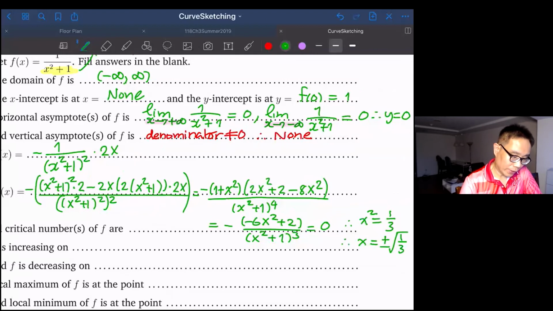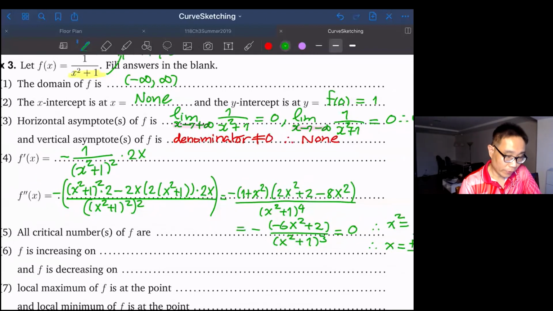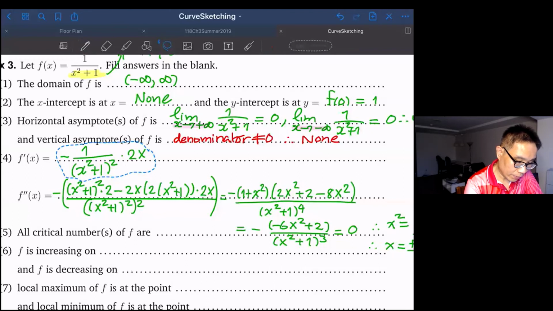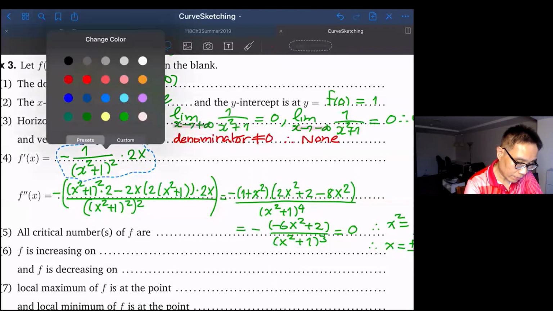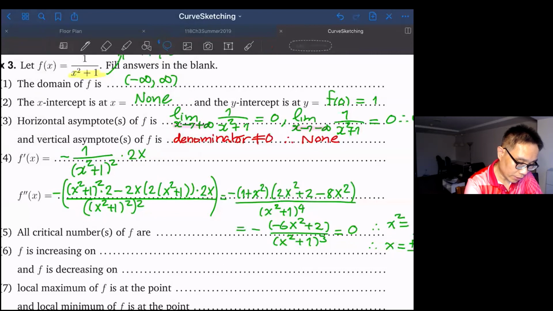Okay, so that my f double prime, let me change the color here a little bit. Okay, so you're gonna find the critical number by plugging in, and by letting this guy equal to 0.